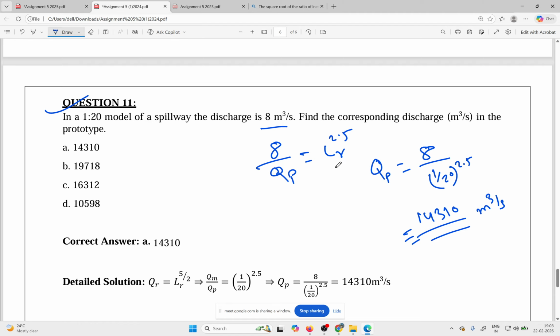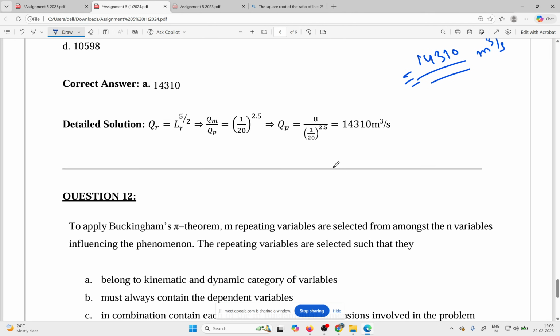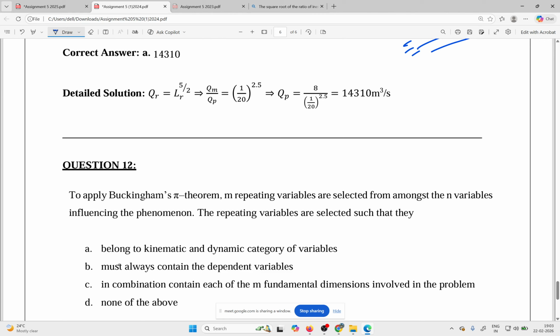We have already discussed this a lot of times. Now this is also very important. Question number 12. To apply the Buckingham pi theorem, m repeating variables are selected from among the n variables influencing the phenomena.